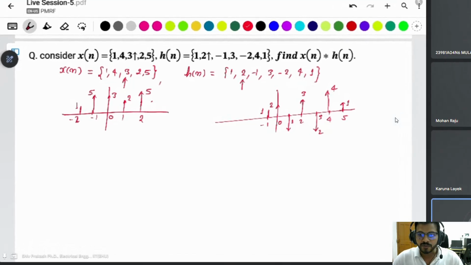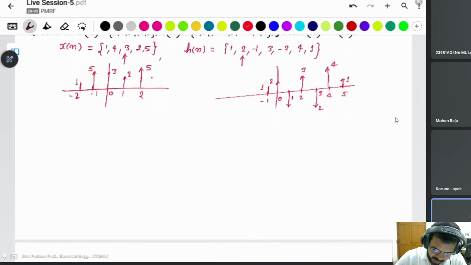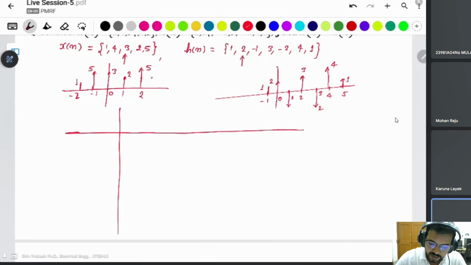What happens if you use the convolution for these two? You can find a different method for the finite duration convolution. First, write h[n] here and x[n] here.